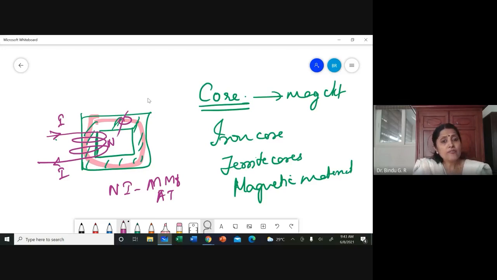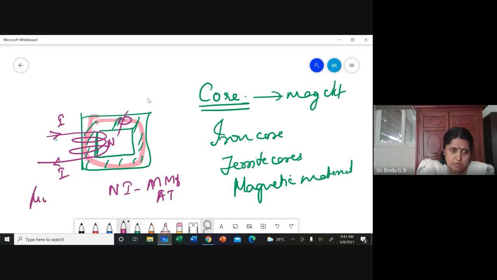Now, all of you should remember, why am I providing a core here? I want most of the flux to pass through this circuit. But we know that unlike in electric circuits, air is also a conductor of flux. Air does have some permeability.